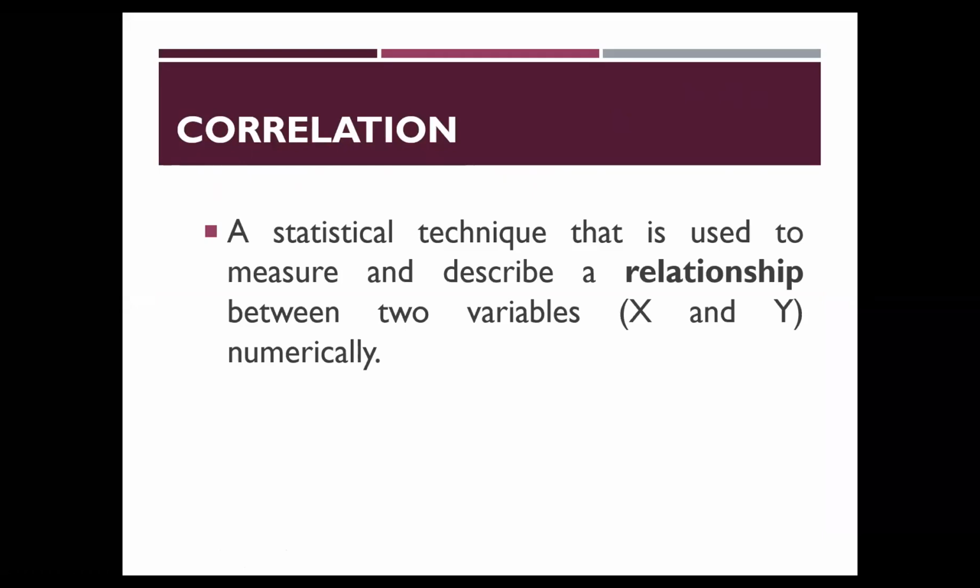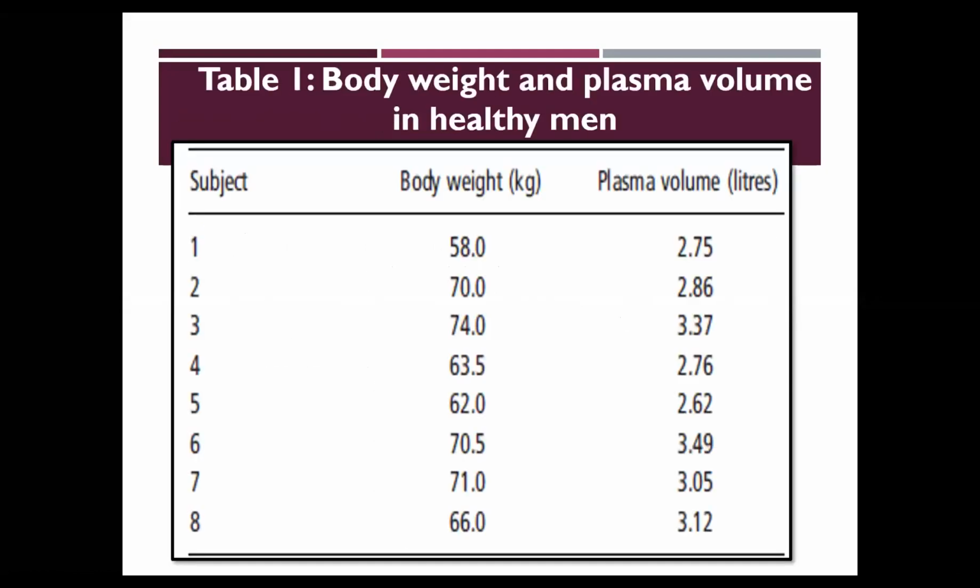Correlation is a statistical method that numerically describes a linear relationship between two variables, x and y. Now we are going into regression, which is one step ahead of correlation.